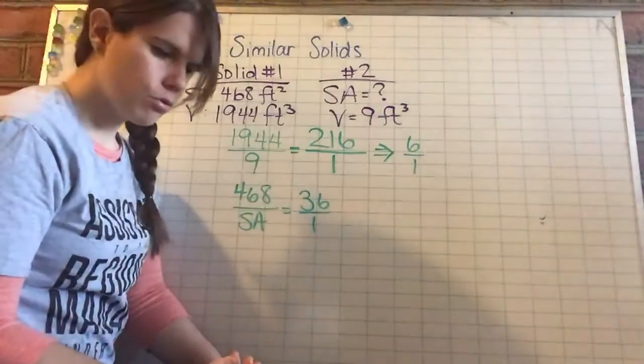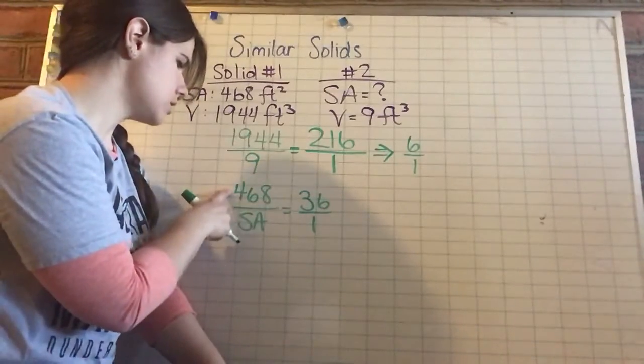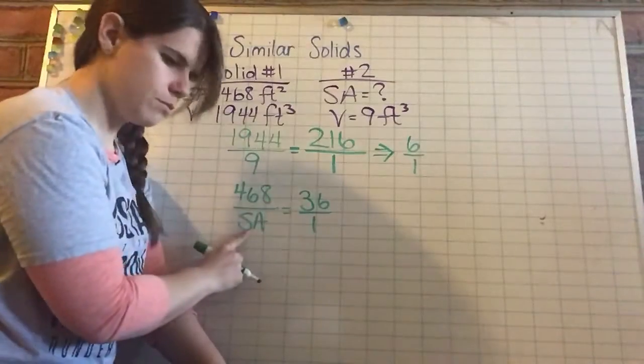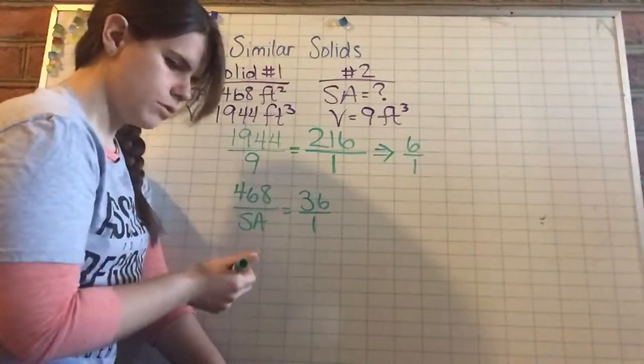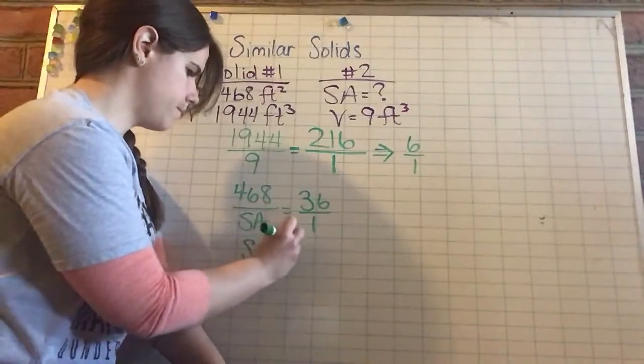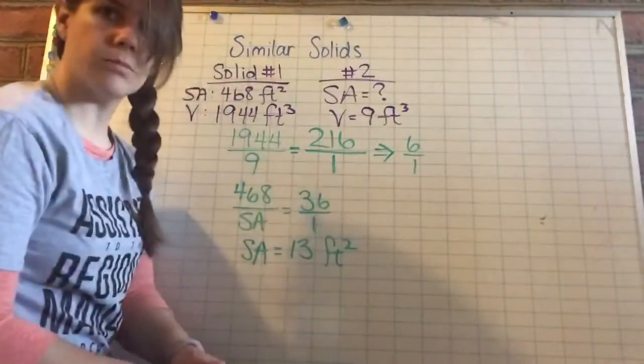And now I can go through and cross multiply. If I cross multiply here, I get 468 times 1 equals 36 times surface area. Divide both sides by 36, and I end up with a surface area of 13 squared feet.